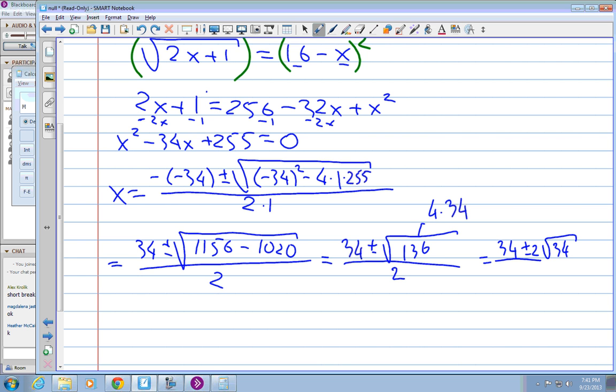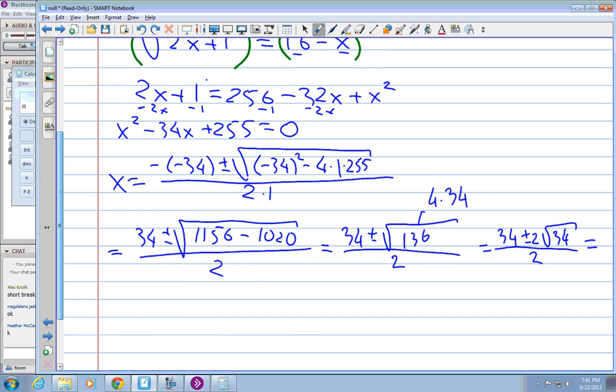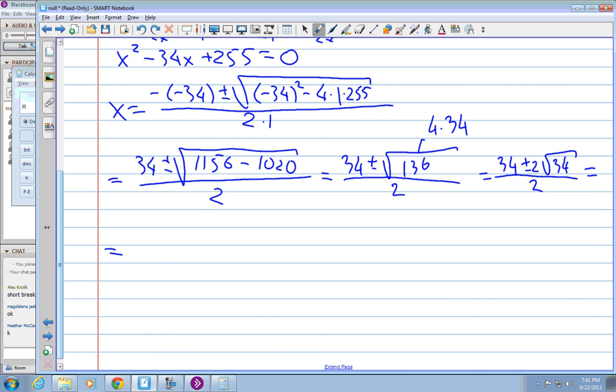What I did with another group, I kept my square root as 17, but that's wrong. It's 34. Now you reduce everything by 2.